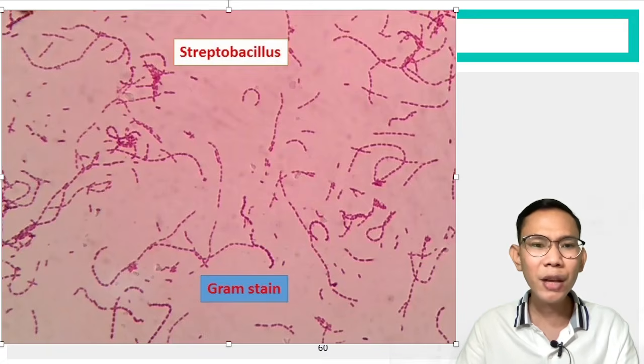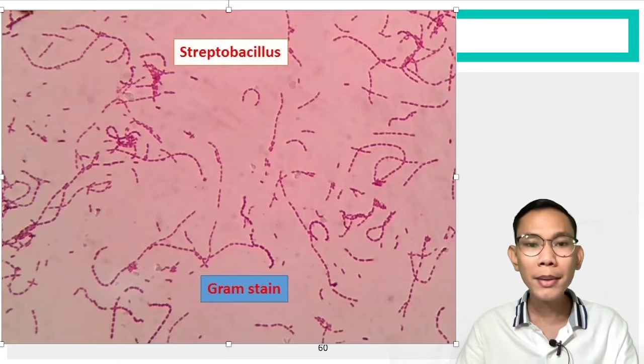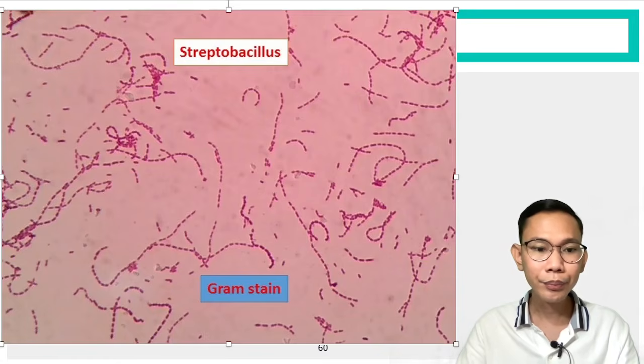Then identify the shape. Is this bacilli or cocci? Of course, this is bacilli. Now identify the arrangement. This is actually in chain. So therefore, the complete answer for this one is that it is gram-negative bacilli in chains or gram-negative streptobacilli. Very good.